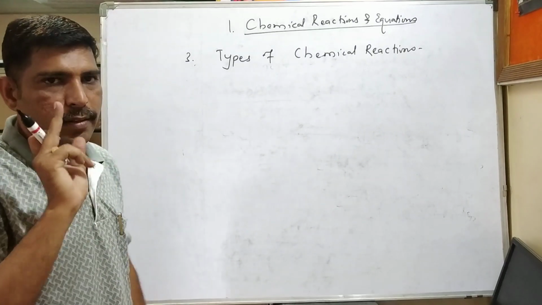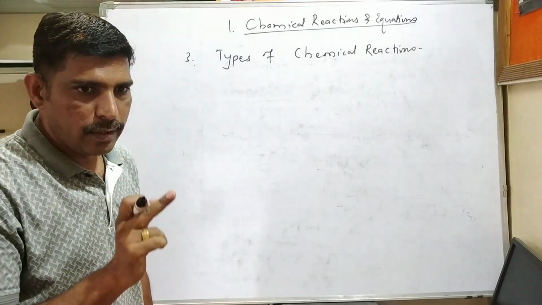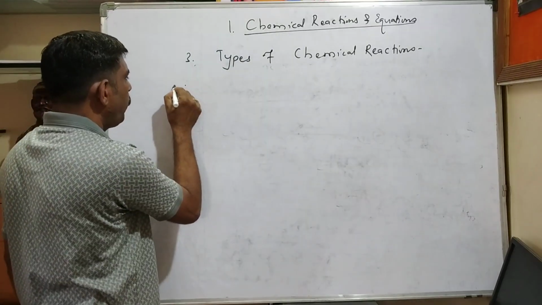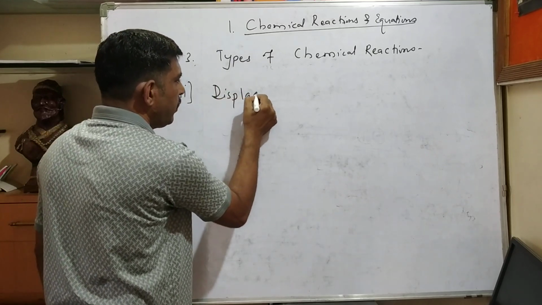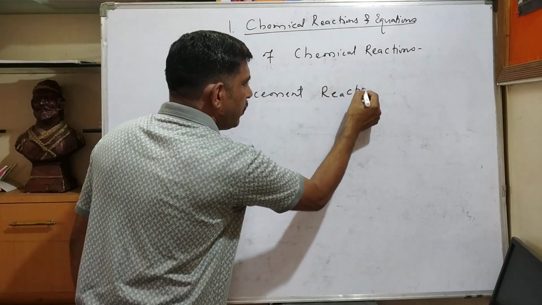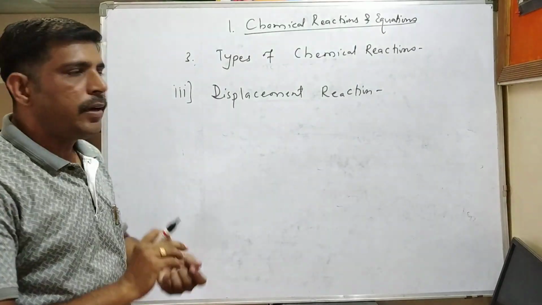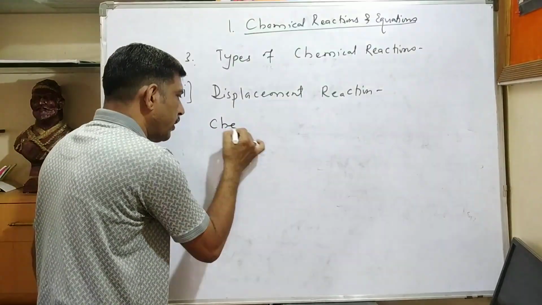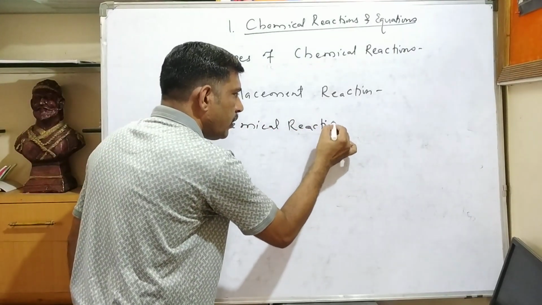Again I am repeating, the first was the combination reaction, the second was decomposition, and the third, very important, is the displacement reaction. The displacement reaction is concerned with the chemical reactivity of elements.